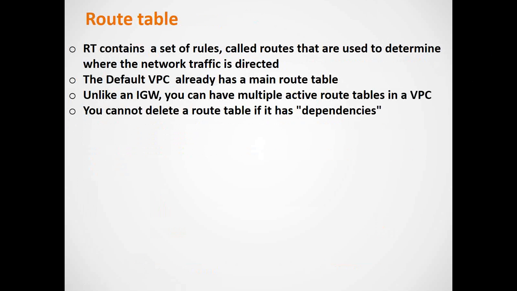But you cannot delete a routing table if it has dependencies and something is still trying to access it. Just like with the internet gateway, if the resources are being used, you cannot directly delete it. The same way, if a routing table has some dependencies on some machine being routed and accessed, then you cannot delete this specific routing table from a VPC.